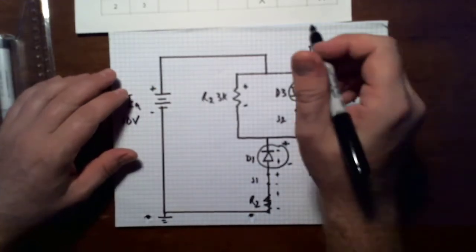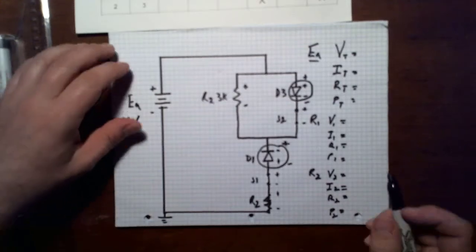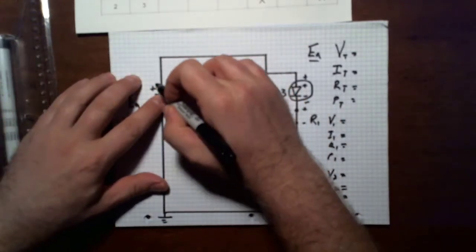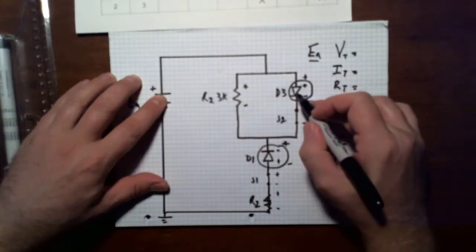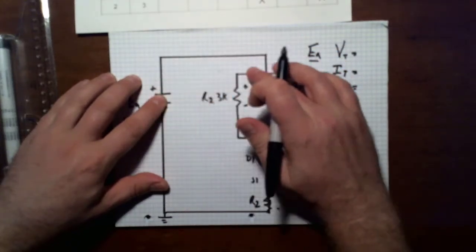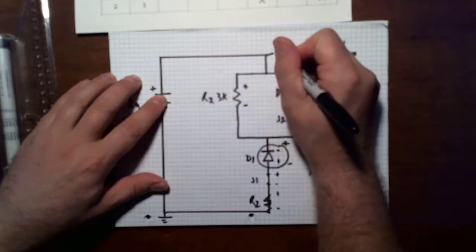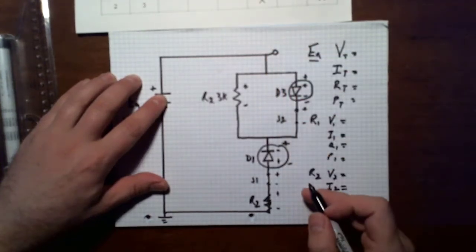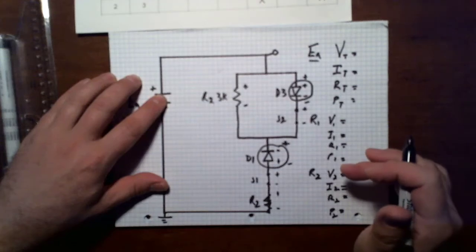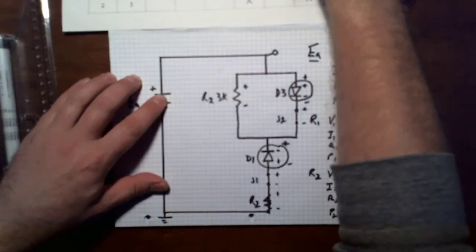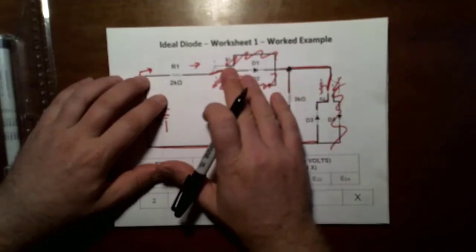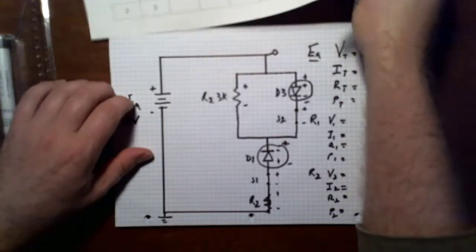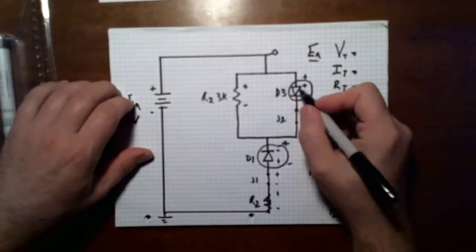Another thing that I've asked for in the past is test points. So I'm going to come off the top of this battery. I could put one test point anywhere on this wire, touch the lead anywhere, and I'm going to find the same voltage. So I'm going to put a test point here. I'm not going to be concerned about my switches in this example because I'm simplifying down. I'm not even looking at whether or not the switch is open. I'm just saying it's closed and it's conducting.